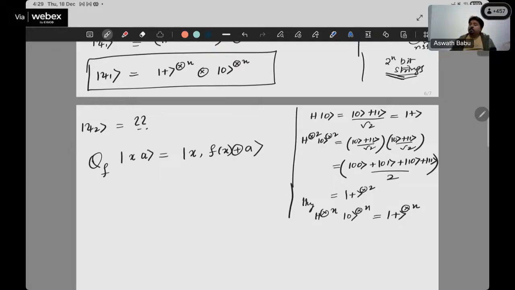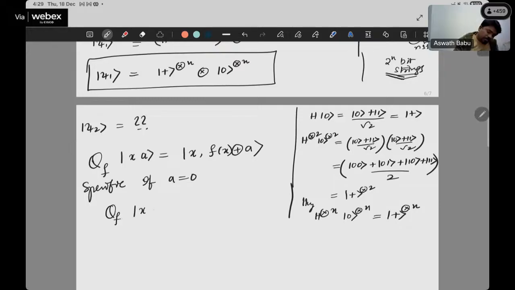This is a function Alice's Bob is using. Let's say a specific case, if a is 0. In that case, what happens?